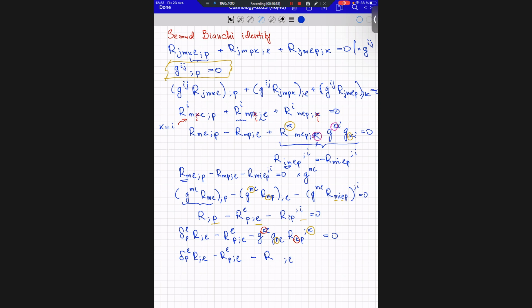And the second index, otherwise I will be here, equals 0.